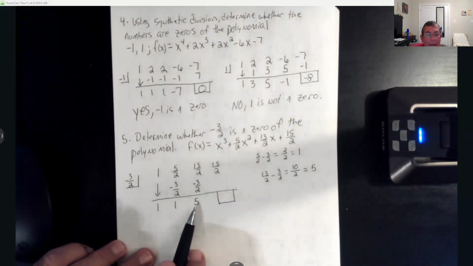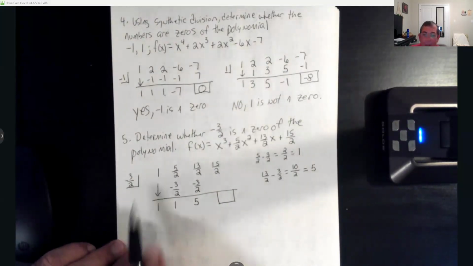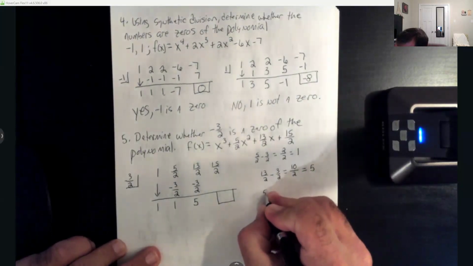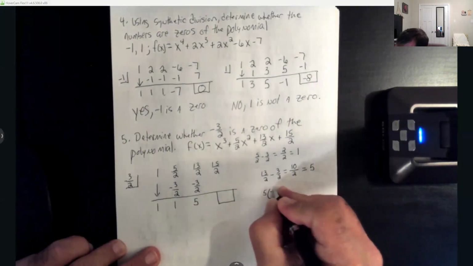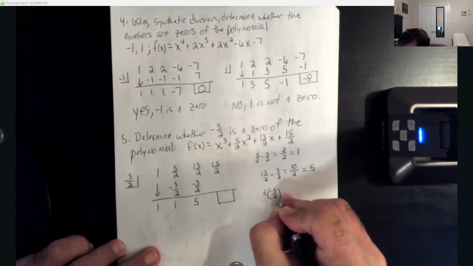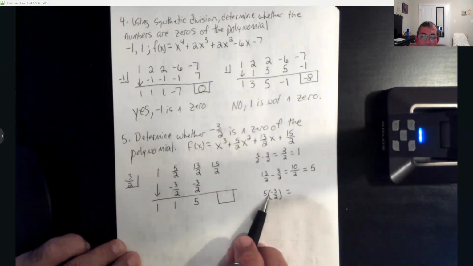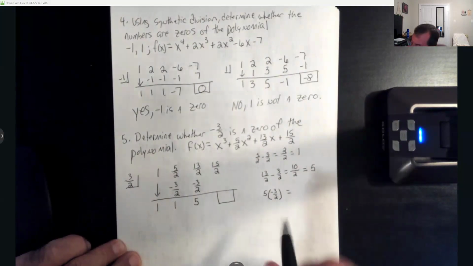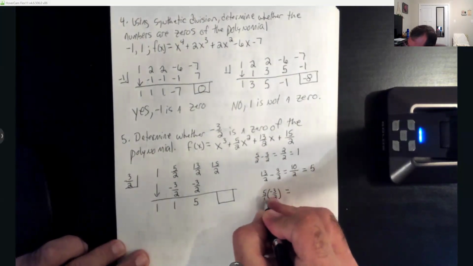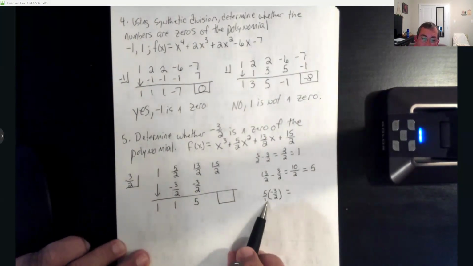So now you got to multiply this 5 times that negative 3/2. So 5 times negative 3/2. So when you got a number like this that don't have a denominator, you treat it like it's got a 1 on the bottom. Top numbers multiply by top numbers.